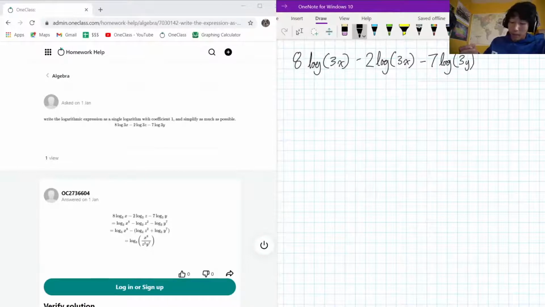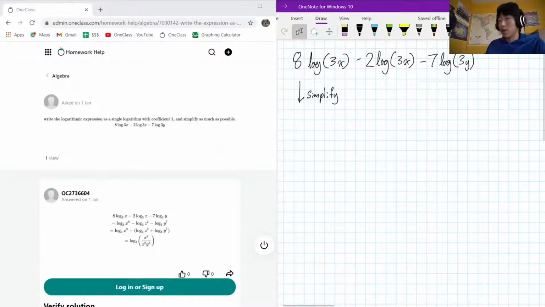Okay, cool. So we want to simplify this, which should not be too difficult. It says that we need a coefficient of 1. So the first thing that I think would be reasonable is to convert all of their coefficients to 1.